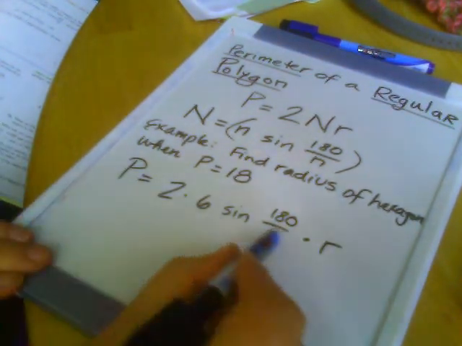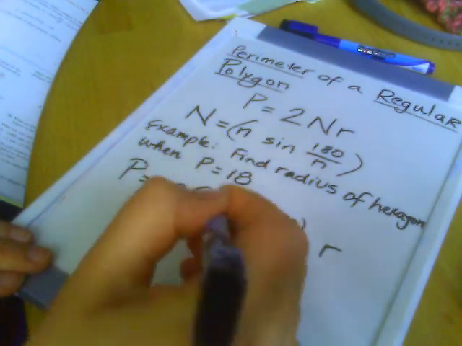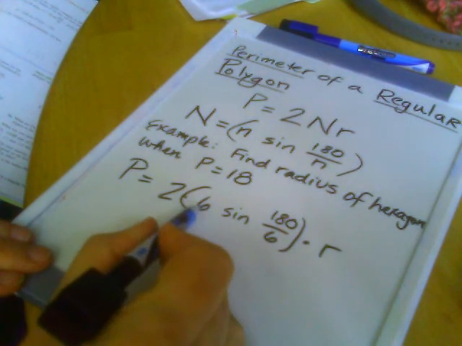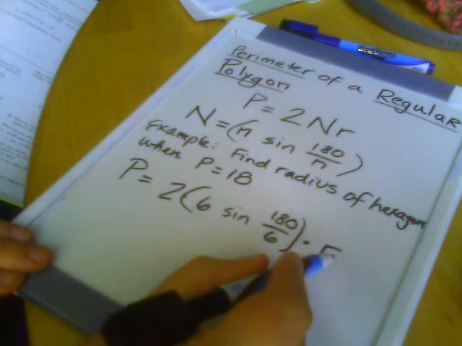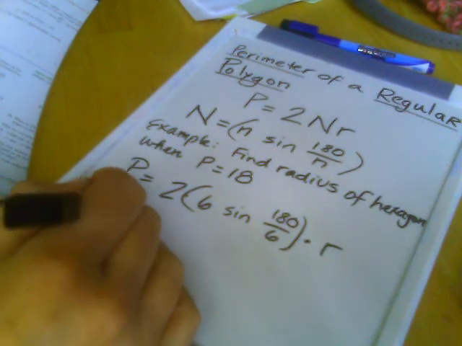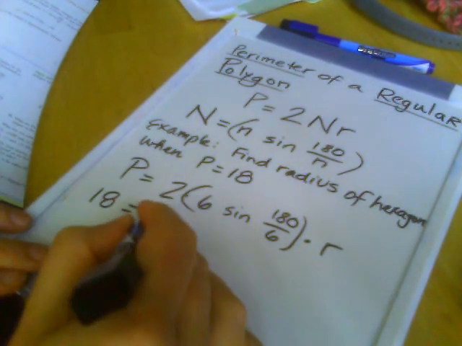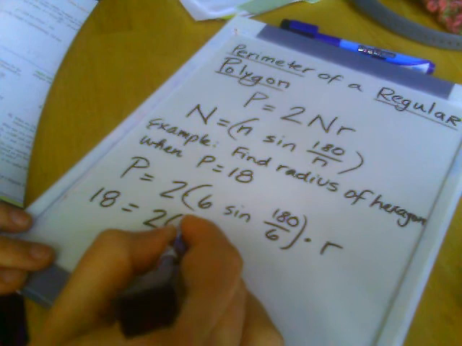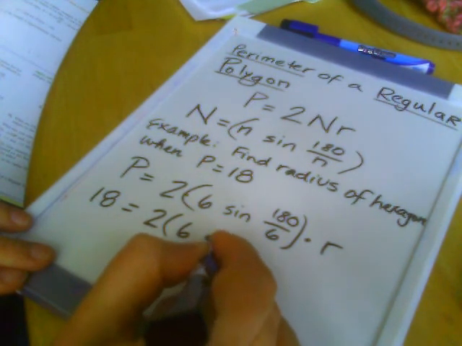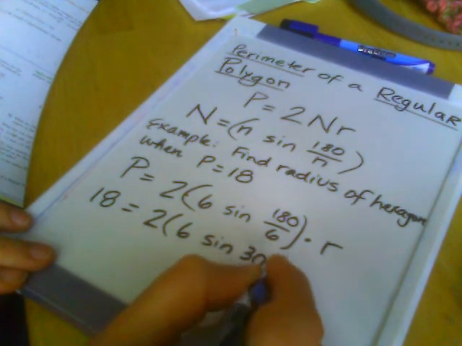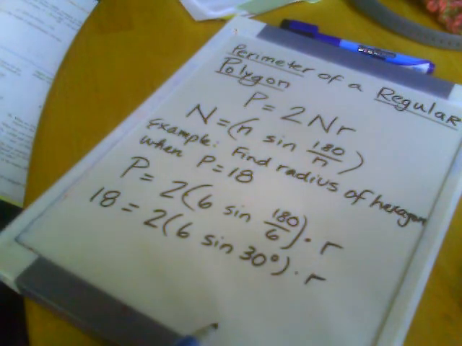What else do we know here? This is big N. The number of sides, we knew that. We don't know r, we do know P. So 18 equals 2 times 6 times the sine of 30 times r.